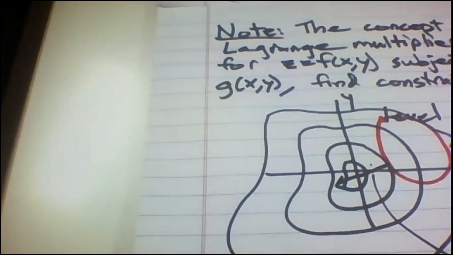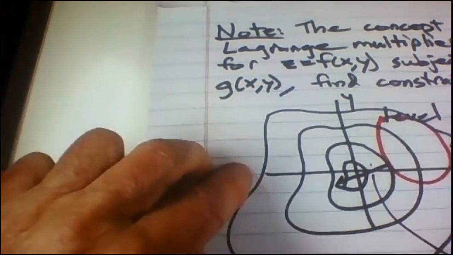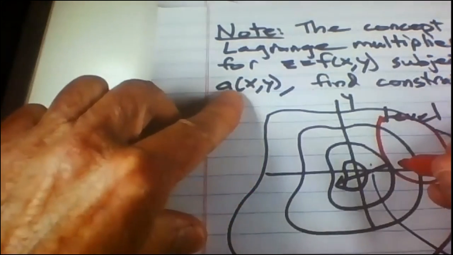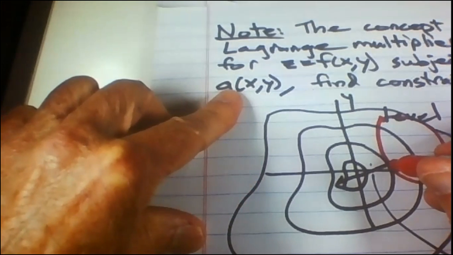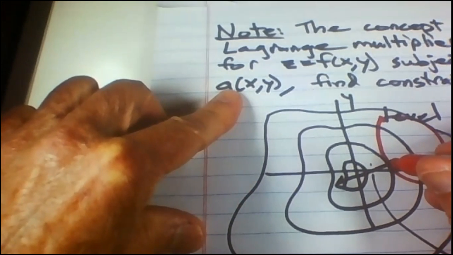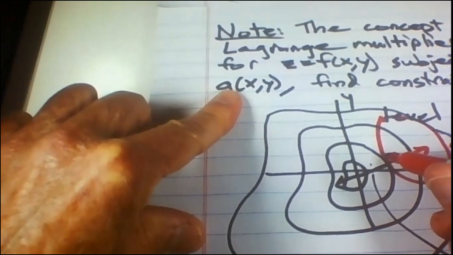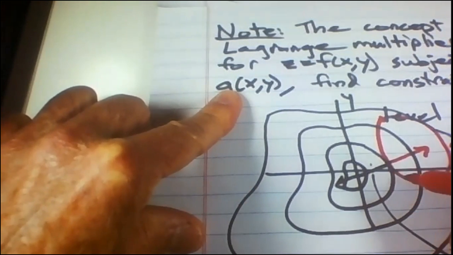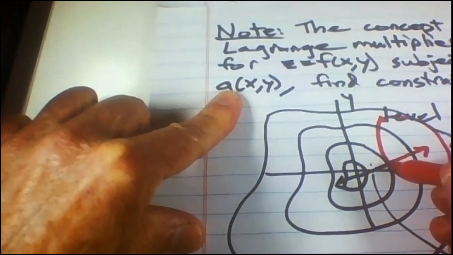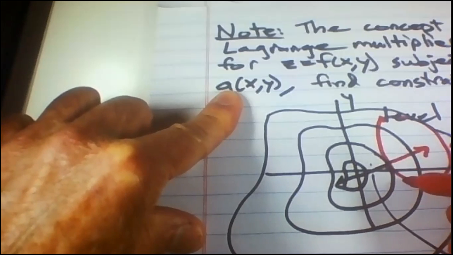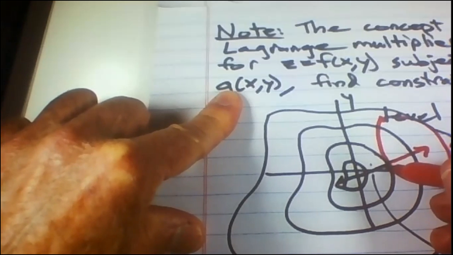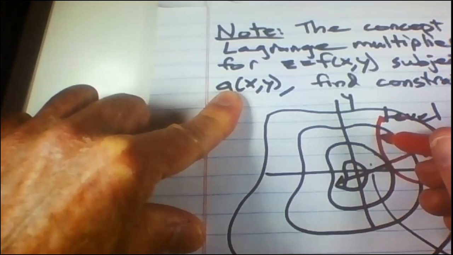But g of x, y equals 0 is actually a level curve of the function z equals g of x, y. So its gradient is also perpendicular to this constraint curve here. Now, if they're both perpendicular to these curves, where you reach the highest point along g ought to be tangent to a level curve here, right? You get up to this highest level of the mountain right here, and then you start back down.